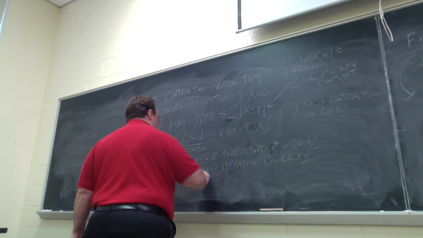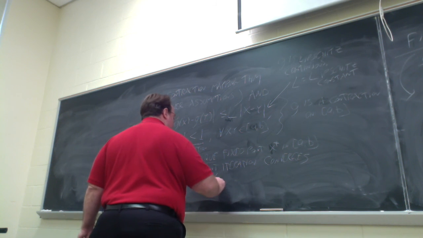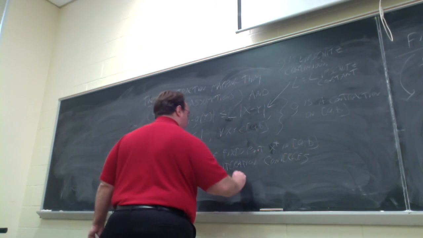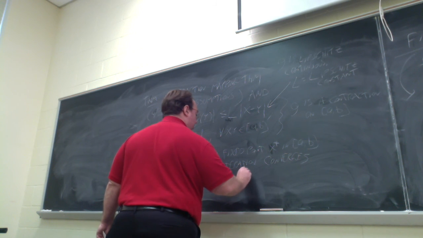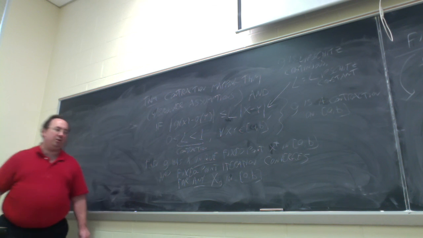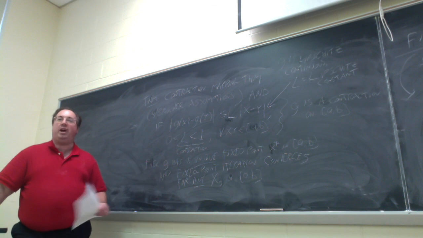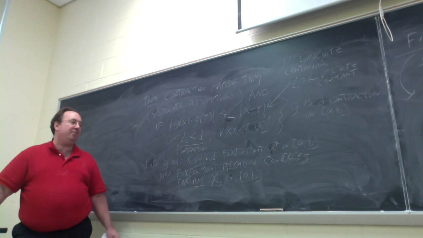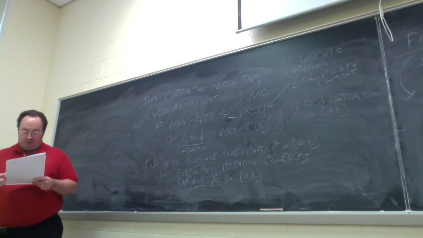And that's right, you can choose any x naught in this interval where you know that G is a contraction, has a fixed point. So you have a lot of leeway in how you can choose the initial guess, and you can trust that fixed point iteration is still going to converge.